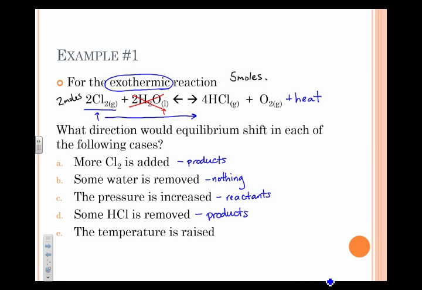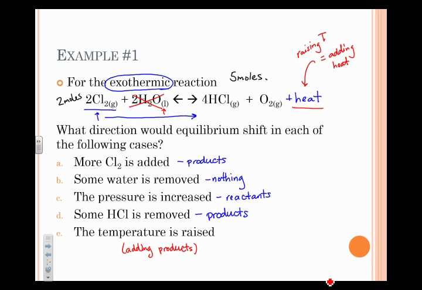The temperature is raised. This is where it becomes crucial to have noted where heat is in the reaction. Because if I'm raising the temperature, it's like I'm adding heat. So raising the temperature equals adding heat. Since heat is on the product side for an exothermic reaction, it's like I'm adding more products.